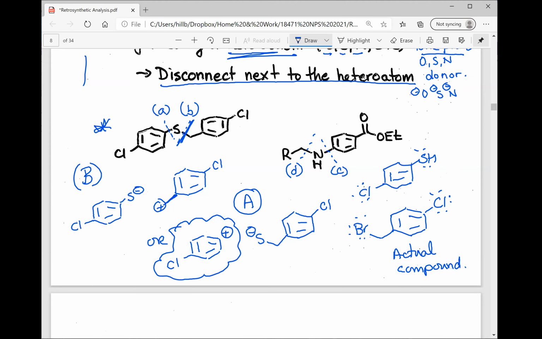Something similar applies to the same molecule over here.